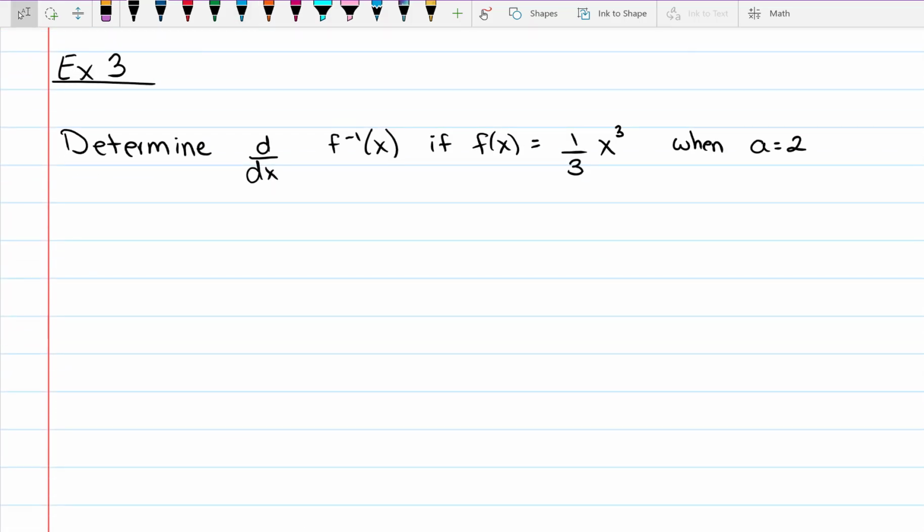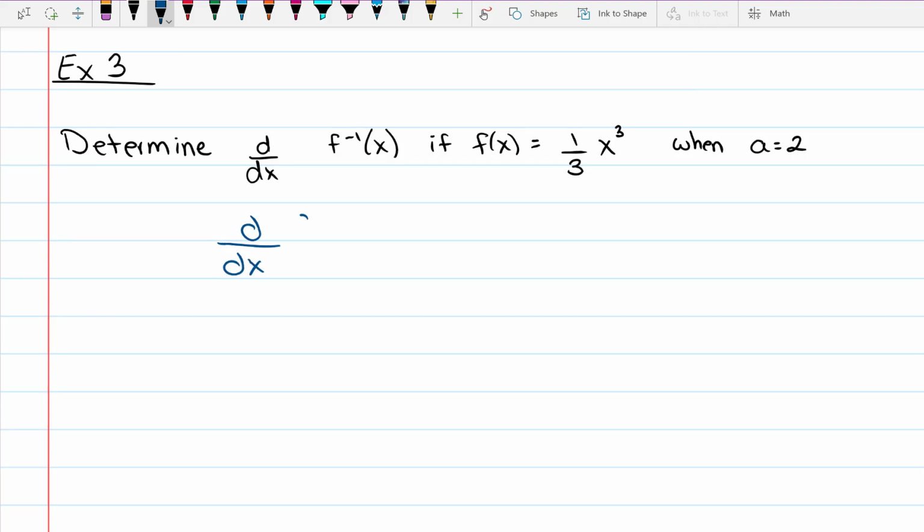So determine the derivative of the inverse function if f of x equals 1/3 x cubed when a is equal to 2. So I want it when x equals 2 or a equals 2. It's the same thing. So the first step is to write down the formula.